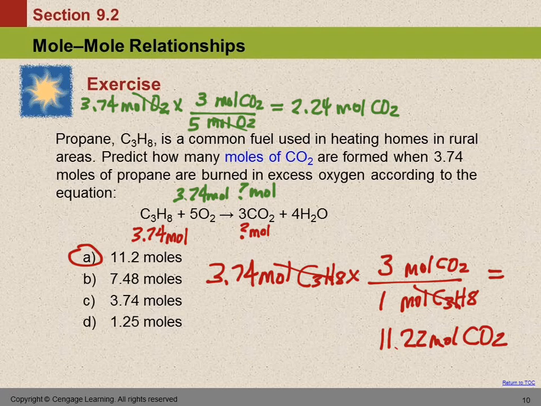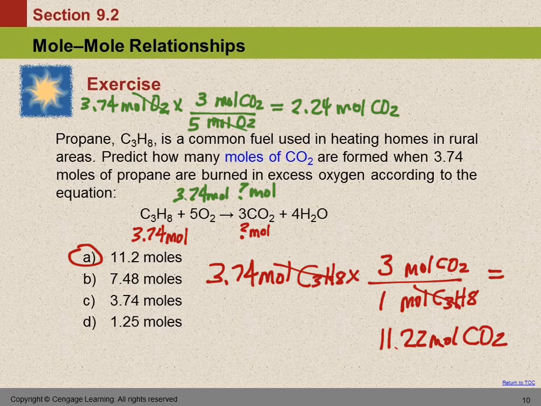You can do this relating any two reactants or products. You could find out, if I had 3.74 moles of propane, how many moles of oxygen would I need to react with that? Or if I produced 11.2 moles of CO2, how many moles of water would be produced? So we can connect any two in the equation.